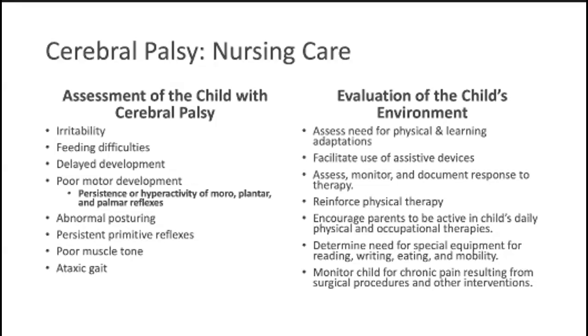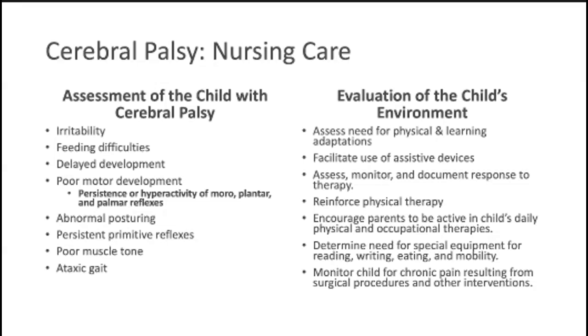So the majority of your primitive reflexes, like your Moro, your palmar grasp, and your rooting, should all be gone by 6 months. And then your plantar grasp is about 6 to 12 months. So in these kids, we're going to see them beyond that 6 month period. We might have poor muscle tone and an ataxic gait.